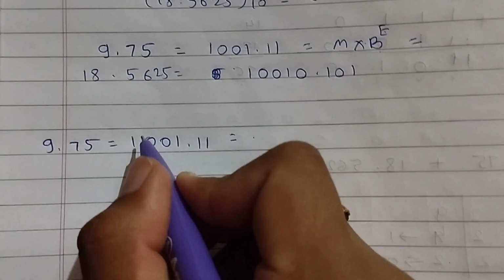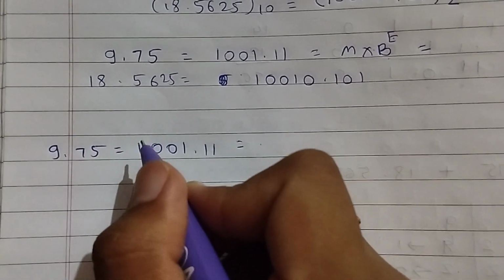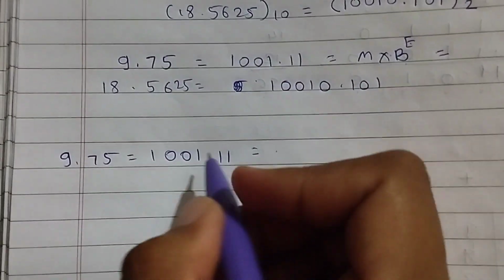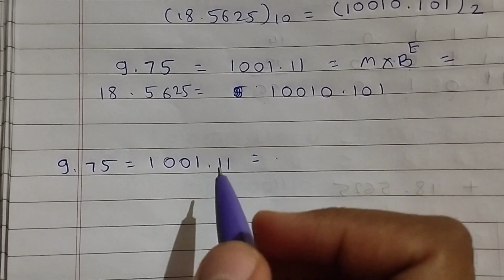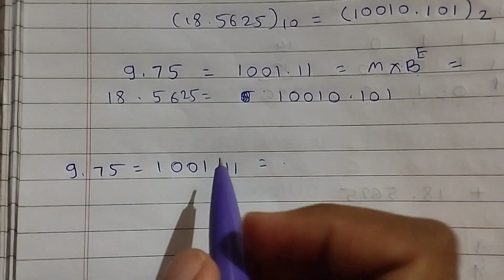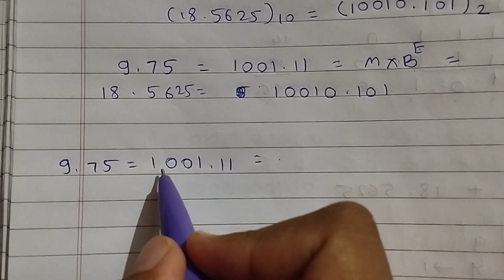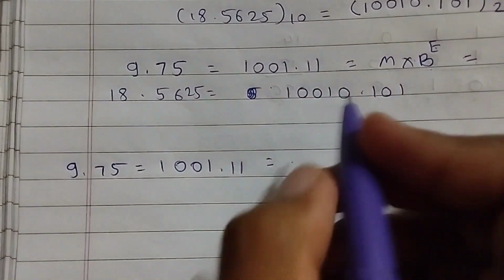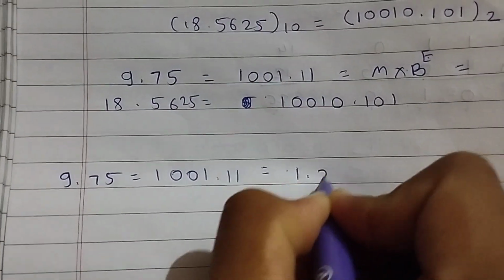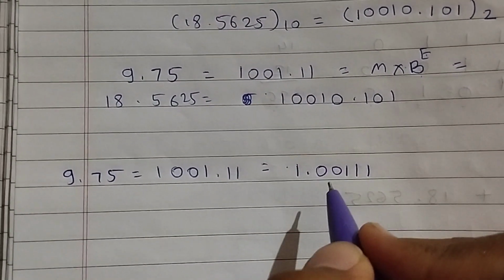For that we want only one number before the floating point, which is our sign bit. So for that we move the decimal point to the left side. How many times do we move? 1, 2 and 3. Now when we move the decimal point 3 times, then we get 1.00111. Why do we do this?